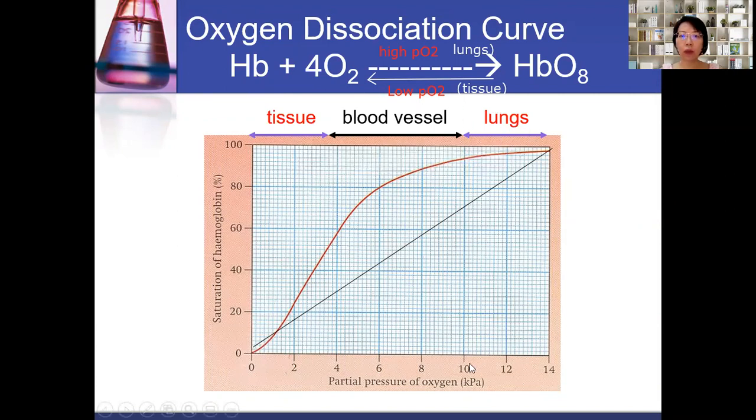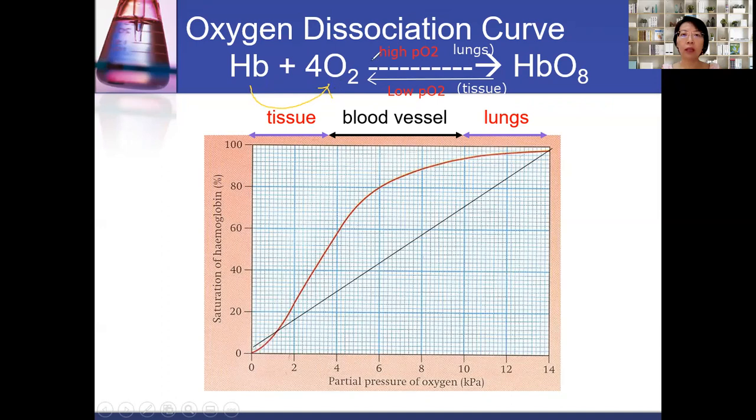In the lung is where ventilation happens, where we keep on taking in fresh air. So there is high partial pressure of oxygen in the lungs. Due to high partial pressure of oxygen, this chemical reaction will tend to move forward. When it moves forward, it means that hemoglobin will take up oxygen.